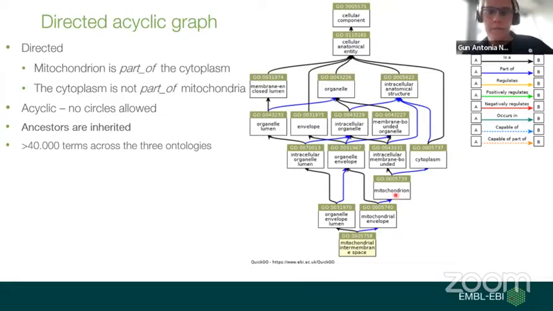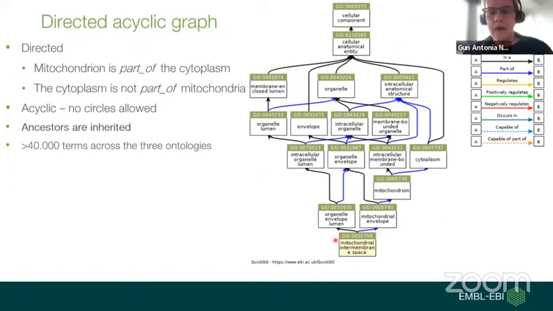So here you see two different relationships. You see this part of relationship and also an ISA relationship. So mitochondrion, for example, is an intracellular membrane-bounded organelle. The intermembrane space is a type of organelle envelope lumen and is part of the mitochondrial envelope.